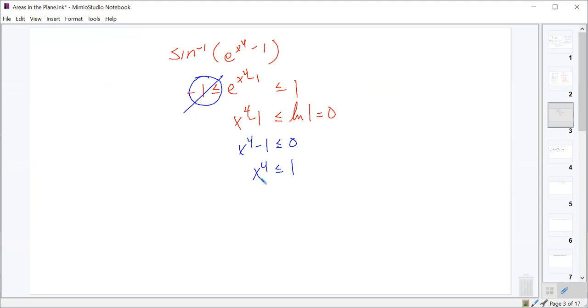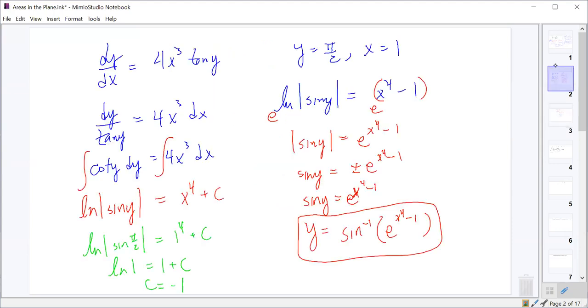If x to the fourth is less than or equal to 1, that tells us that x must be less than or equal to 1, greater than or equal to -1. And there's no other discontinuities on here. This is just the values of our domain of our function. And so we will say that this is valid for -1 to 1, since there's no other discontinuities. That's just its domain. Good or no?